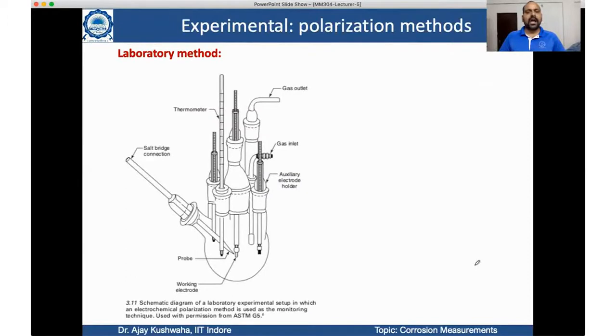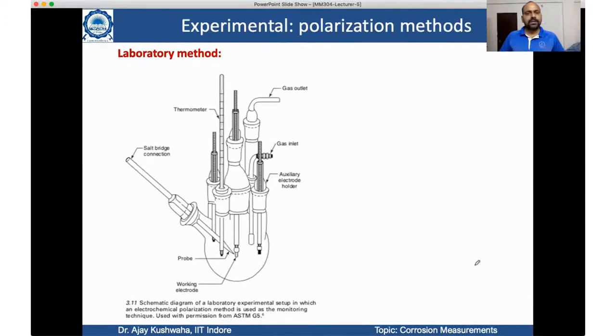Today let's see how we do these methods in the laboratory, as well as how we can use electrochemical polarization methods to monitor or analyze corrosion in the field also. If you remember, we have already discussed the electrochemical cell.